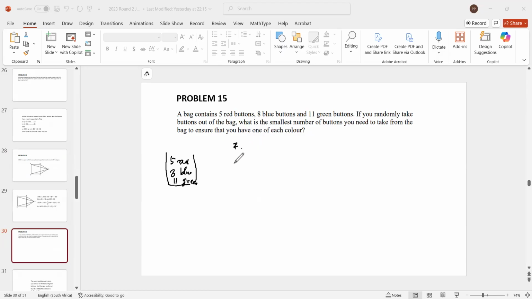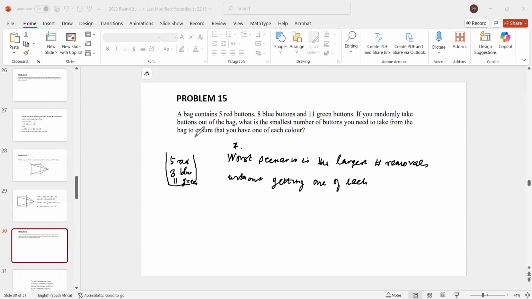So the worst possible scenario is where you take the largest number of removals without getting one of each. See, you want to ensure.